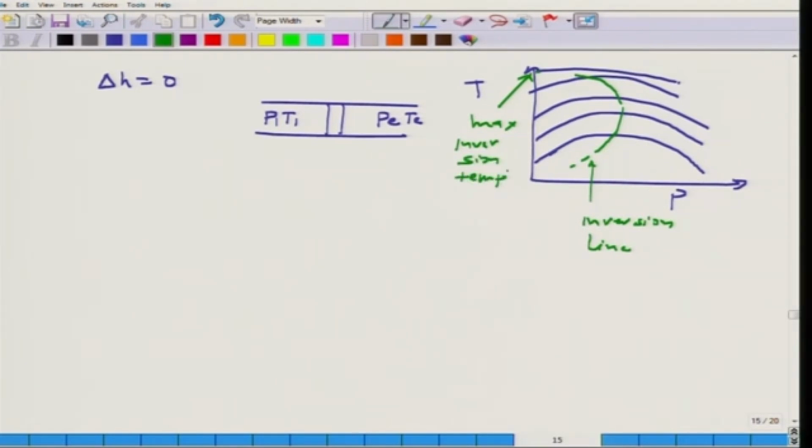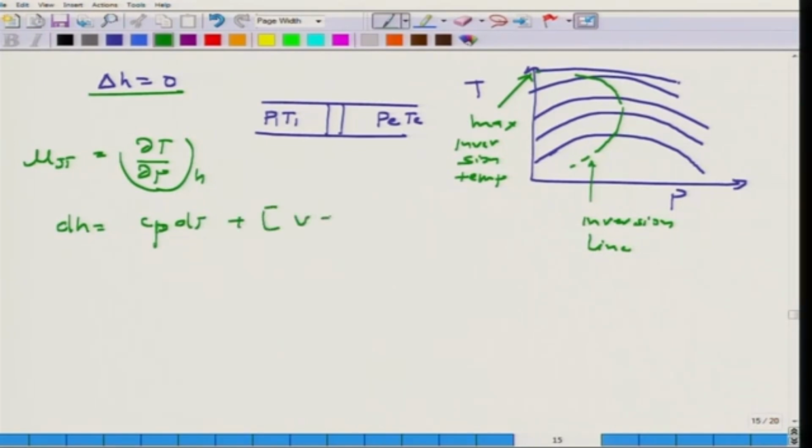Okay, so in the earlier discussion we have already discussed the Joule-Thomson coefficient mu JT, which is nothing but the change in temperature with respect to pressure at constant H. Now considering that your delta H is going to be 0 because H is constant, you can use the expression derived earlier, Cp dT plus V minus T del V by del T dP.